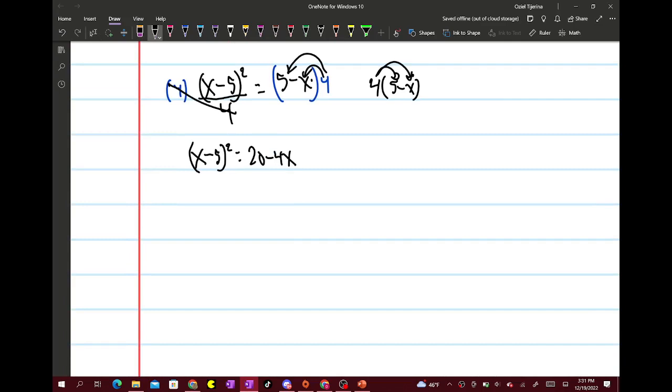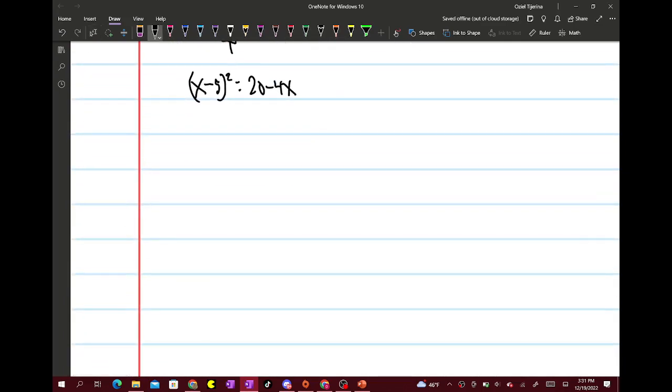So then now we have kind of like a quadratic involved, right? So we're going to go ahead and expand it. If you don't know how to expand it, you can do the FOIL method. It'd be x squared minus 10x plus 25 equals 20 minus 4x, right?